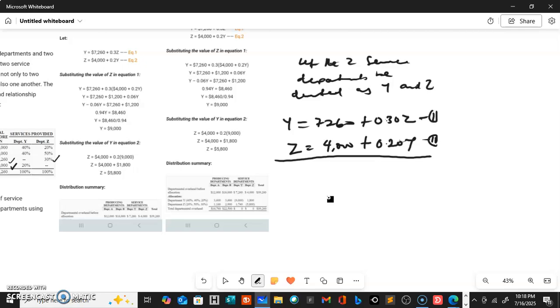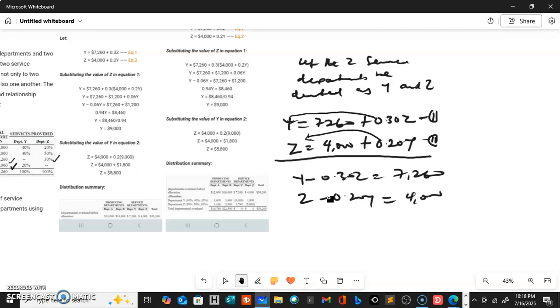So let us rearrange the equations. That will be Y, and when positive 0.30Z comes down here, it becomes negative, so Y minus 0.30Z equals 7,260. And when positive 0.20Y comes across, it also becomes negative. That is Z minus 0.20Y equals 4,000.